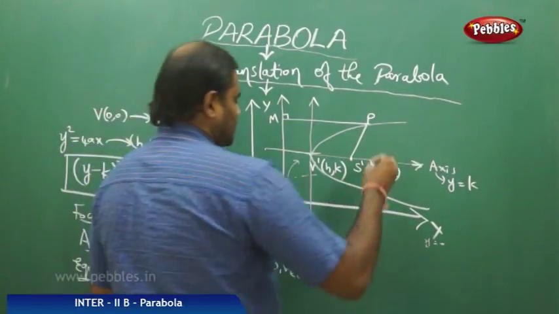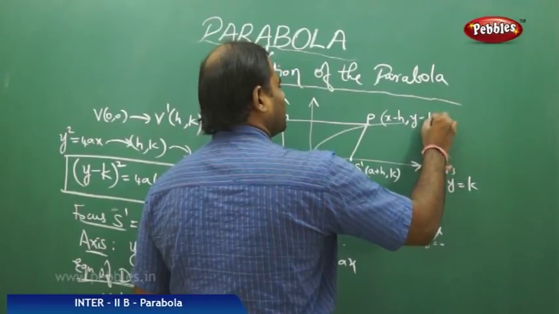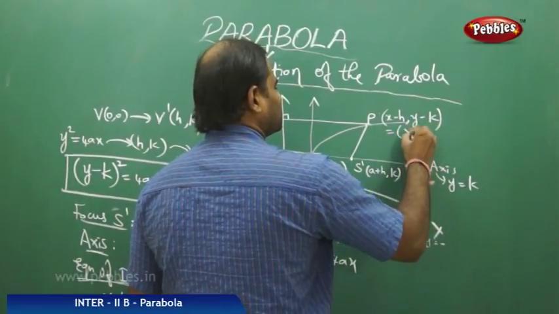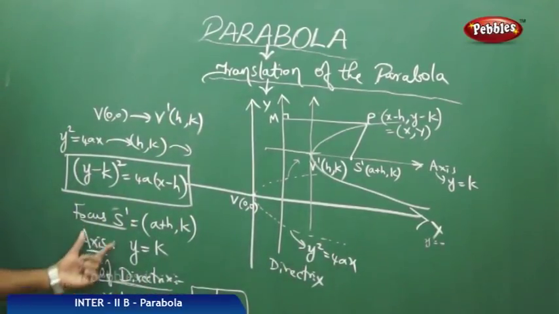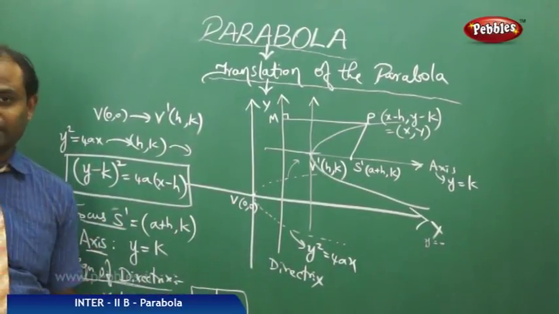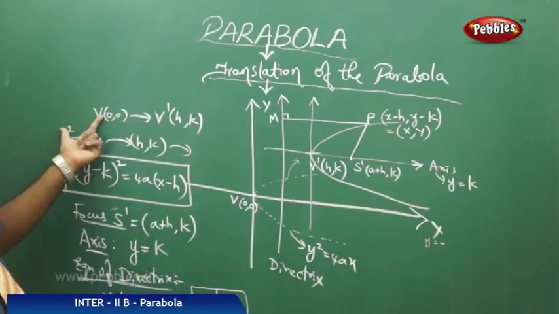So usually we assume this point to be x minus h and y minus k, which is generally the coordinates of x and y, through which we get each of focus, axis, directrix, etc. So the equation of directrix is this, axis is this, focus is this, vertex is this.